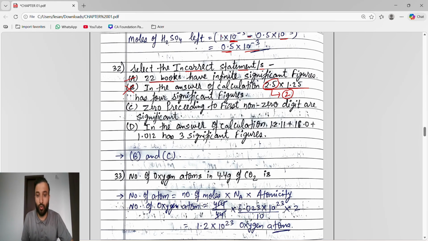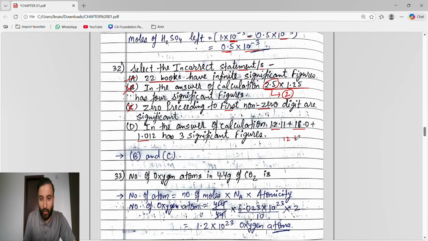Now, zero preceding, meaning before, the first non-zero digit are significant. No guys, we know that whether we take a decimal number or a non-decimal number, the zeros before the non-zero digit are not significant. So this is wrong. In the answer of this calculation, this addition has 3 significant figures. Guys, very simple thing: we have to check 3 significant figures, so we have to add and check what we are getting.